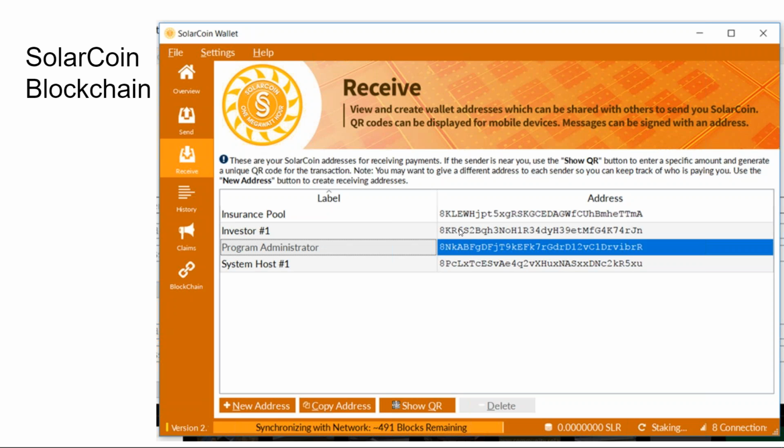It's also kind of fun to participate in. Anyone who owns a solar array can go to the Solar Coin Foundation's website, download a wallet, is what they call it, register their solar array, and be credited with Solar Coin. Now, what can you do with a solar coin? Hardly anything.